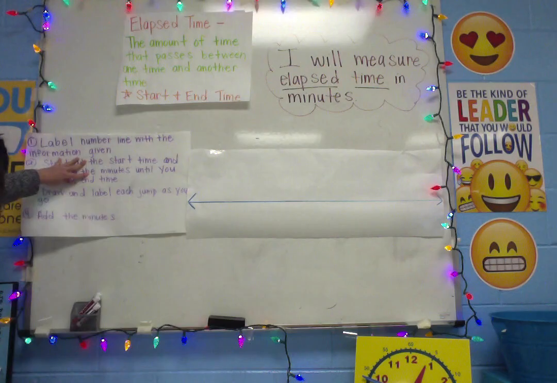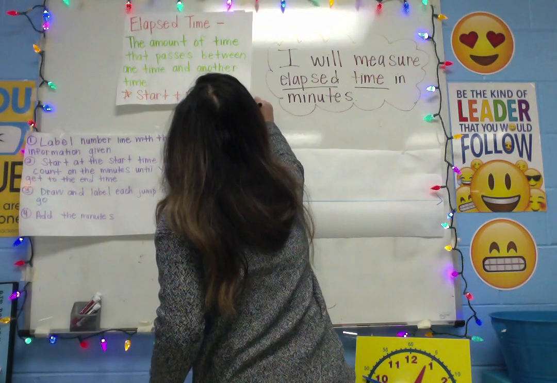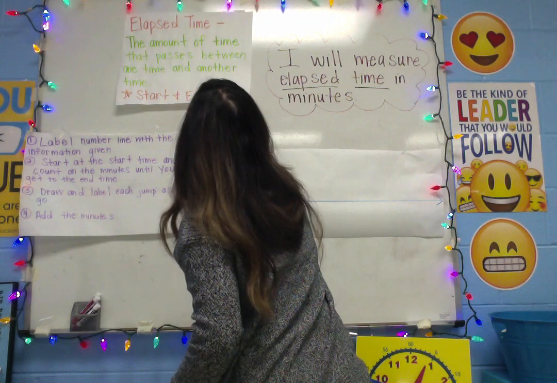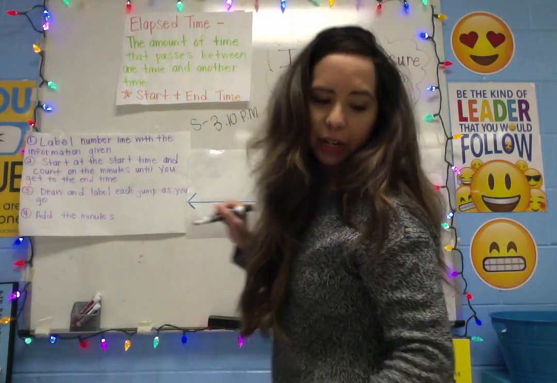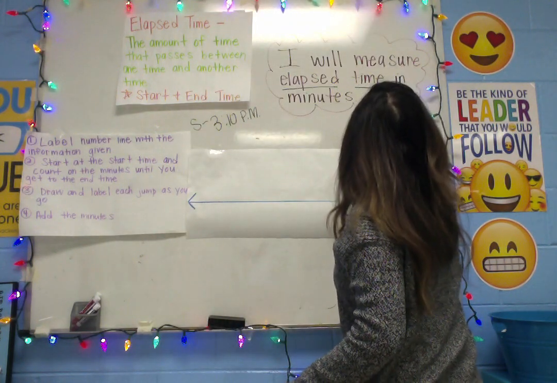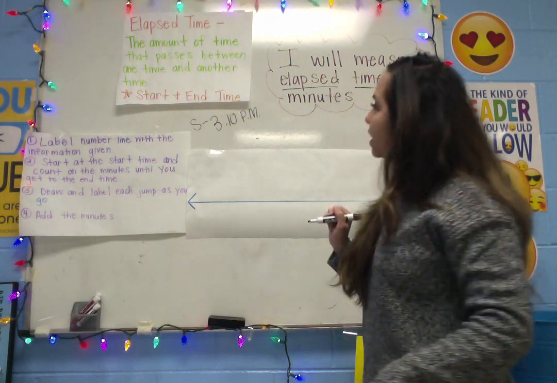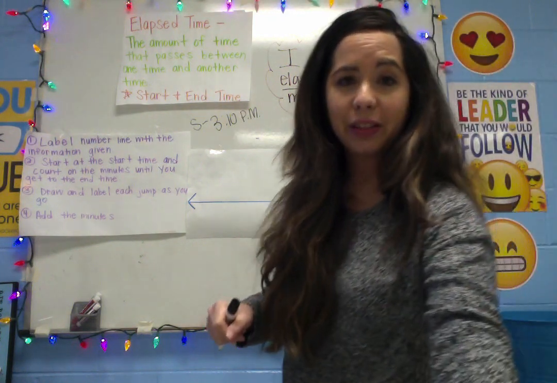All right. So let's say I'm going to give you the start and the end time. Let's say on this problem, the start time is 3:10 p.m. The end time, I said, is 3:51 p.m. Let's say teachers, we do get off at 3:10.